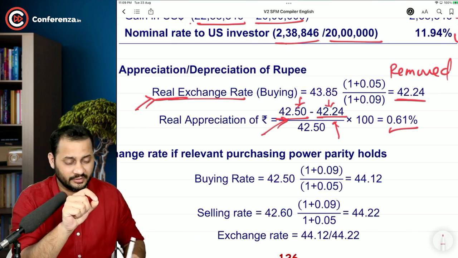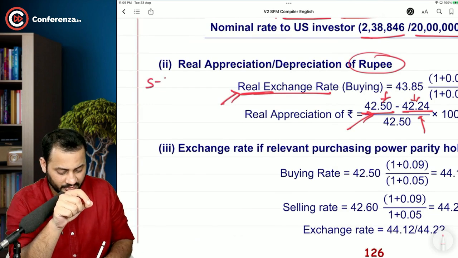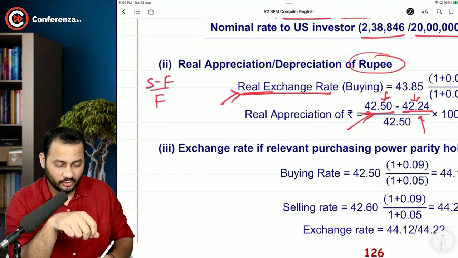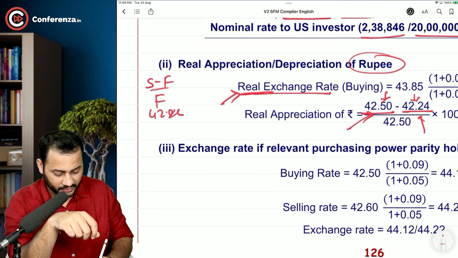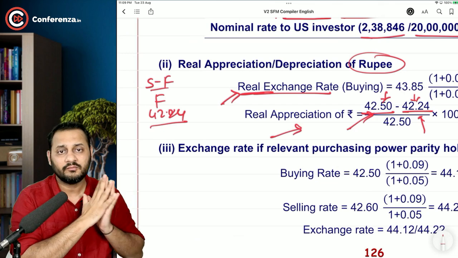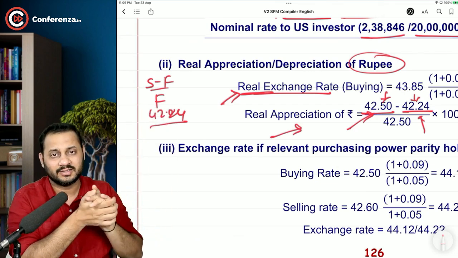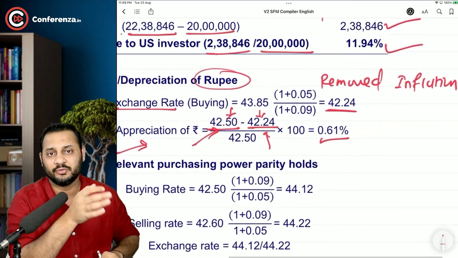One thing to note is that if you really go with the rupee appreciation and depreciation, the formula will go like this: (S minus F) by F, and accordingly 42.24 should have been in the denominator. But just go with this formula. Institute is not recognizing this. So for the purpose of marks, you need to follow what the institute has done.